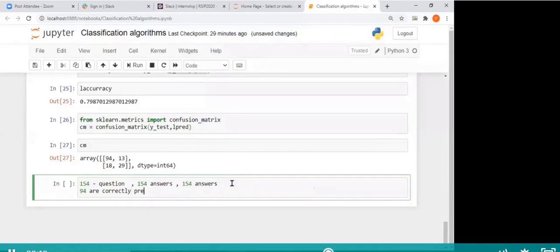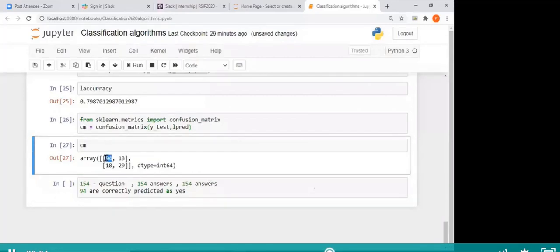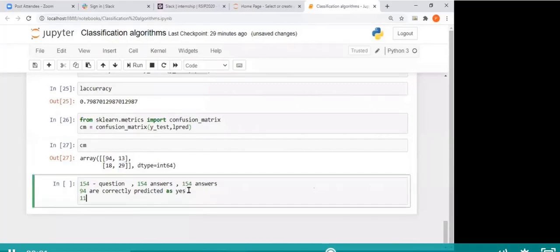94 are correctly predicted as yes. So it correctly predicted the patients have diabetes. And here 29 are correctly predicted as no. Now, here there is 13, right?